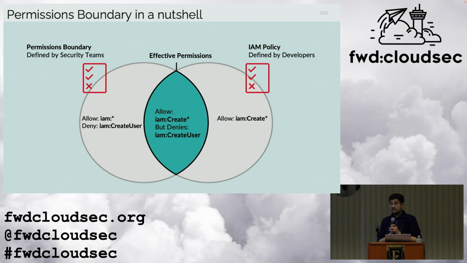So he's under the impression he might be able to create a role, a user as well. But the effective permission is that it allows IAM Create asterisk, but it still denies IAM CreateUser. So whatever you define in the boundary, no matter whatever identity-based policy is being attached to the role, the effective permissions are always governed by the permission boundary, which is quite handy for security teams.